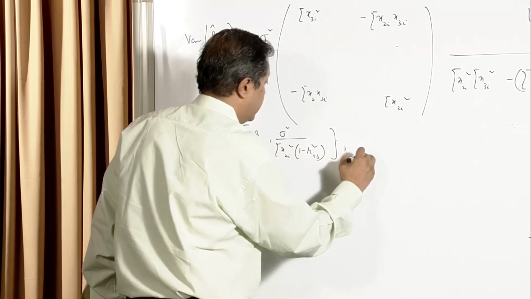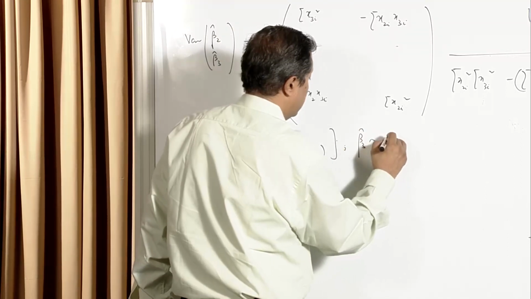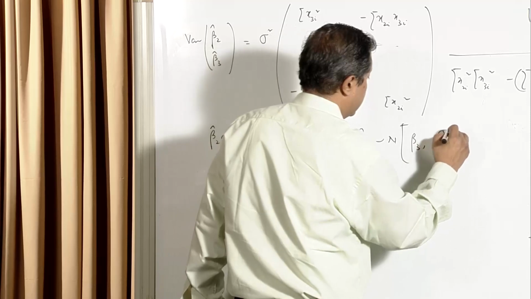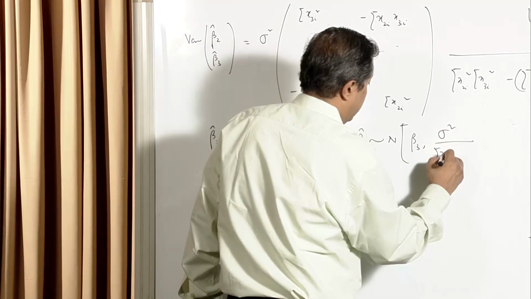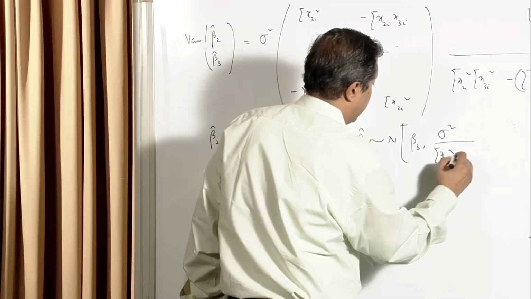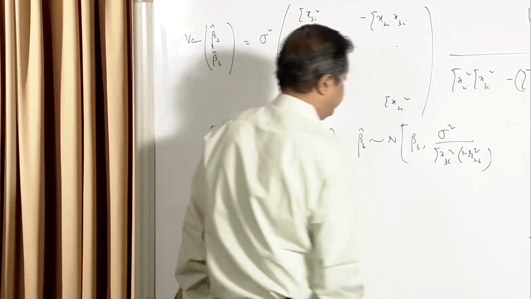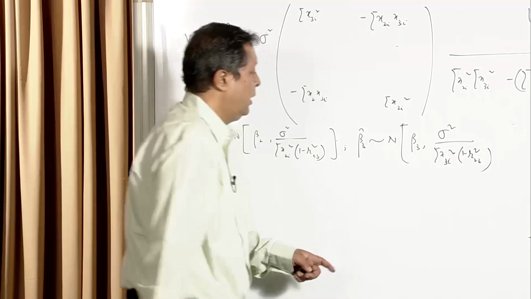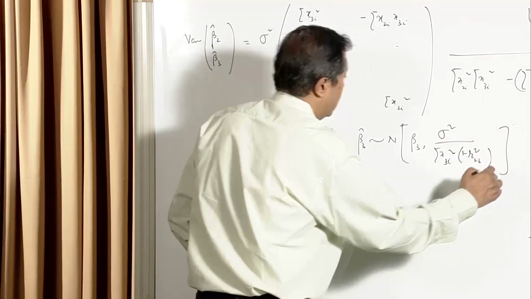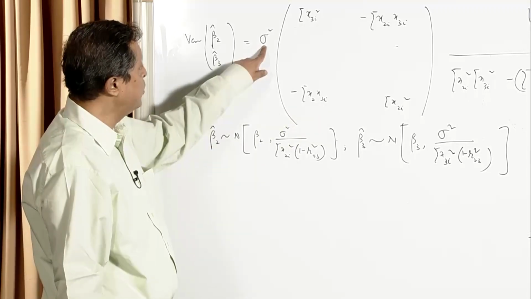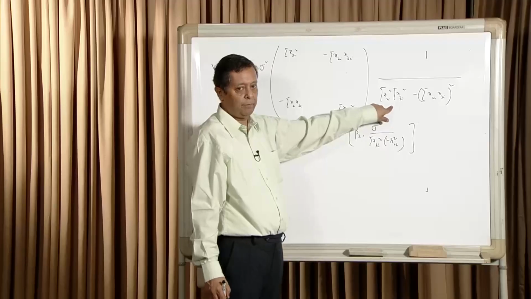Similarly, beta 3 hat follows a normal with mean beta 3 and variance sigma square divided by pure x3i square, that is a very useful term, pure x3i square. And you also have terms for the covariance. Covariance will be minus summation x2i x3i into sigma square divided by this.